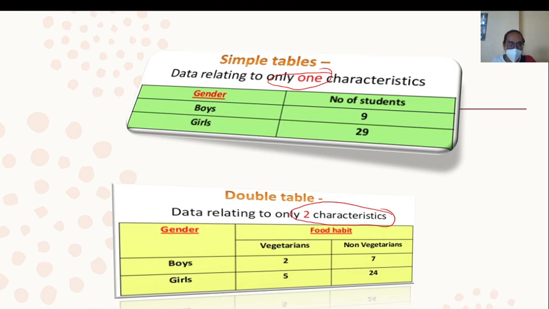From that table, convert natin into double table. Now, nagkaroon tayo ng dalawang characteristic. Na sa klase natin, na meron daw vegetarian and non-vegetarian. Nakuha yung double table and simple table.